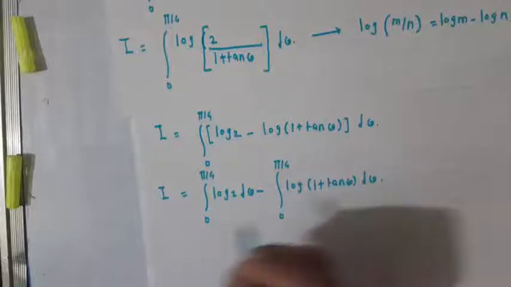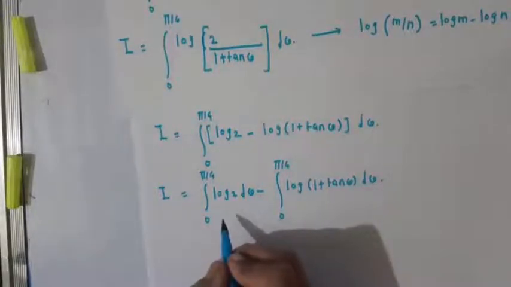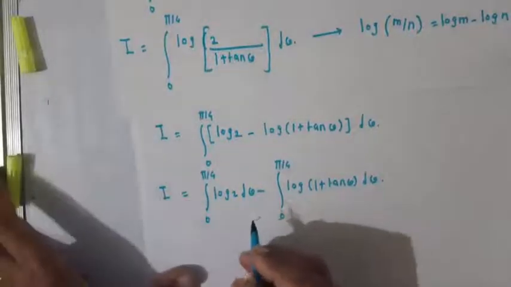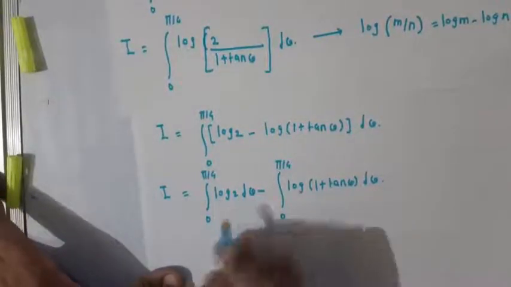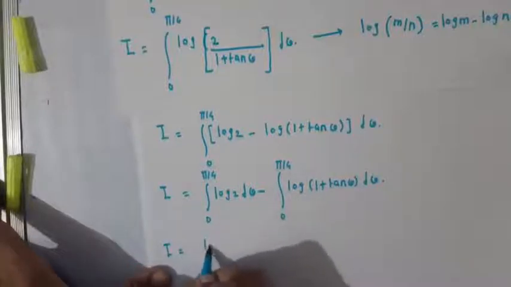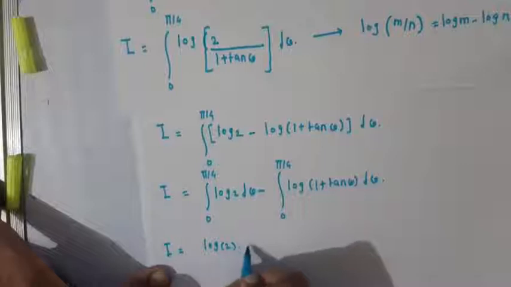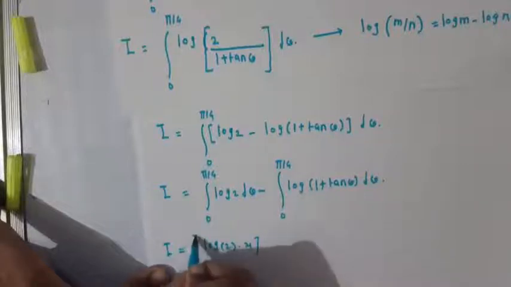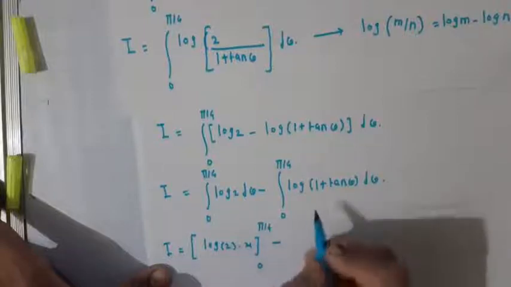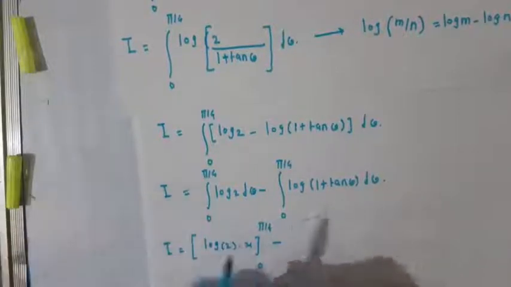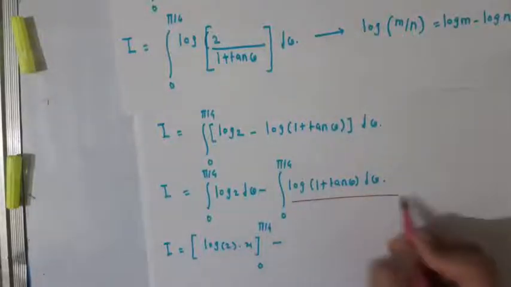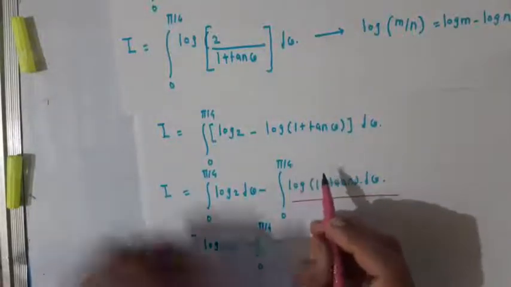Okay, now this is the integration of log of 2. Integration of log of 2 is log of 2 into x, limits of integration 0 to pi by 4, minus this, see students, log of 1 plus tan theta, limits of integration 0 to pi by 4.